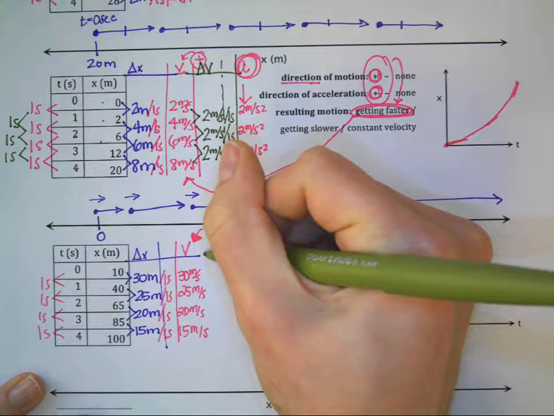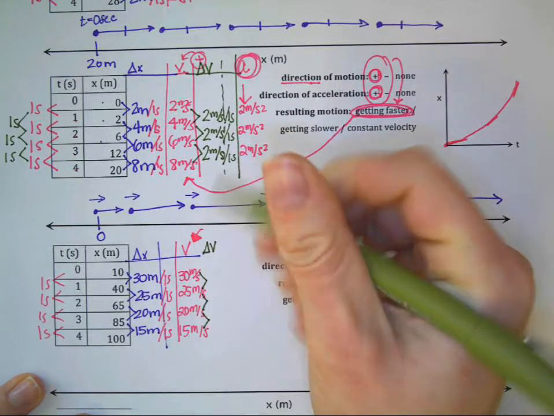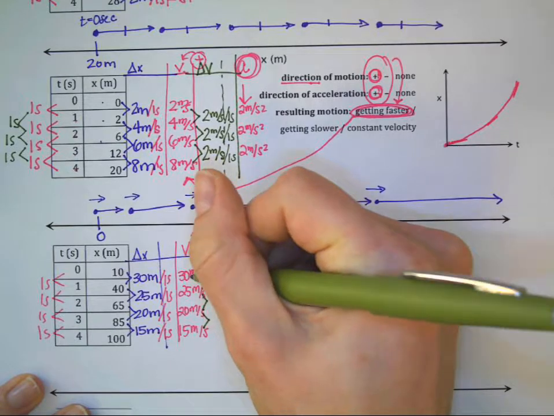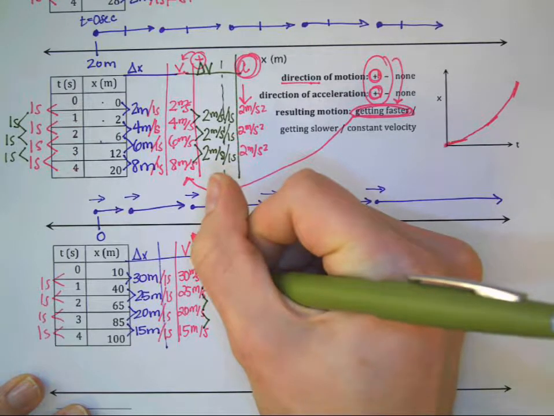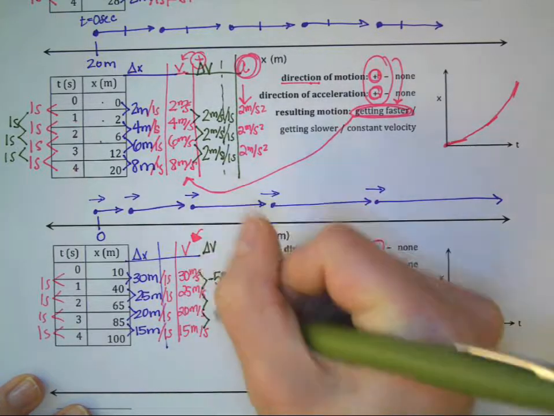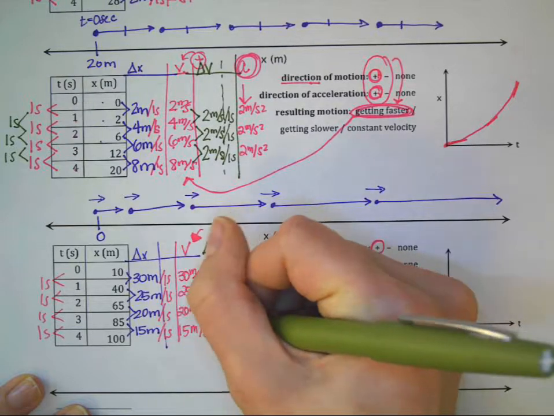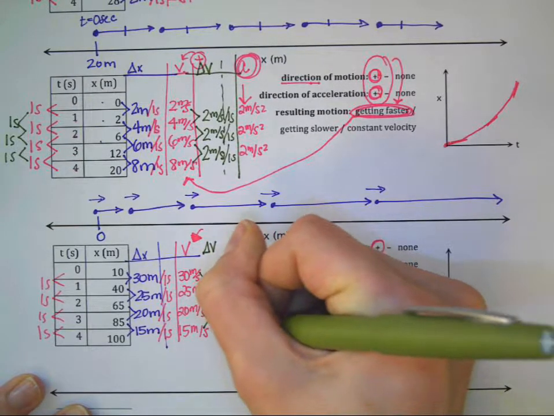So our change in velocity would be the difference by each of these. So 25 meters per second minus 30 meters per second will give me a value of negative 5 meters per second. 20 minus 25 is negative 5, and 15 minus 20 is negative 5 as well.